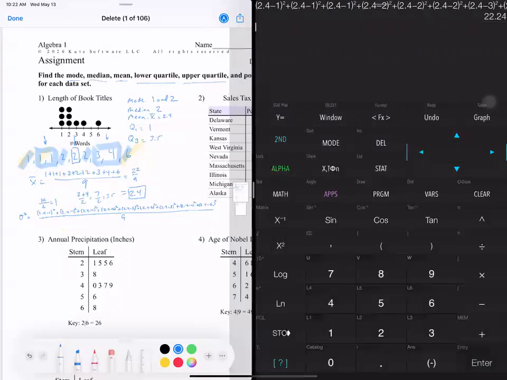Okay, enter that number, and we divide that by 9. This is what we call our variance. So sigma squared is equal to 2.47. I'm going to round up to 2.5.